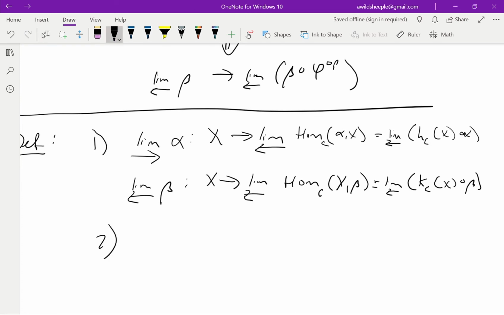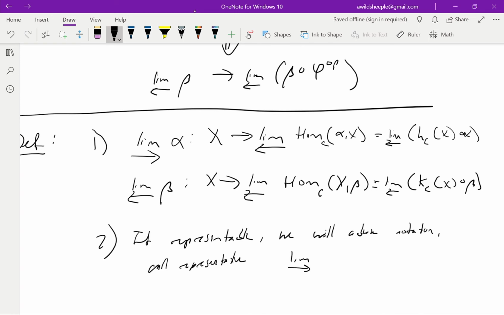And if these functors are representable, then this is the familiar case where this limit is somehow computable. And what I mean by computable in this case is that the representative actually lives in C. So what we'll do is we will abuse notation and also call the representative, even though, maybe the way I say this is, even though this lives in some functor category, we call the representative also either the forward or backwards limit, whatever it may be.